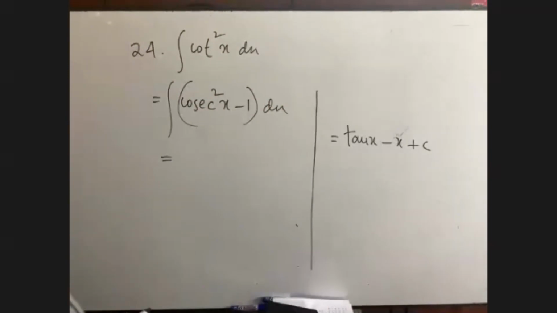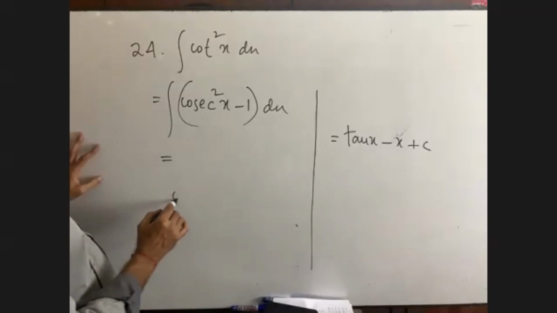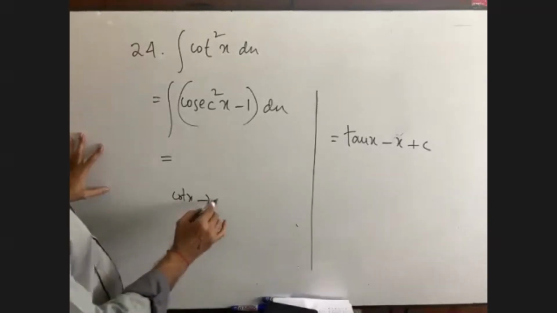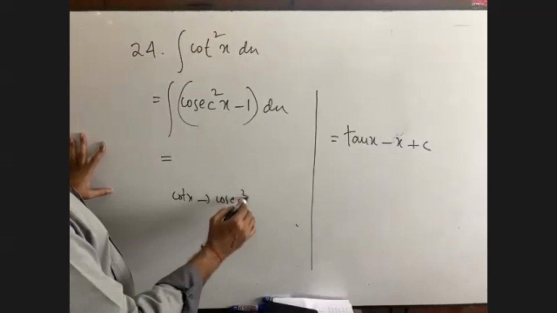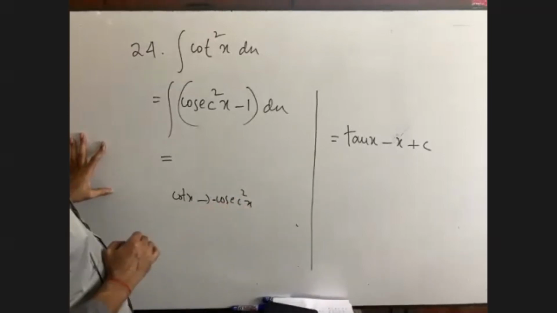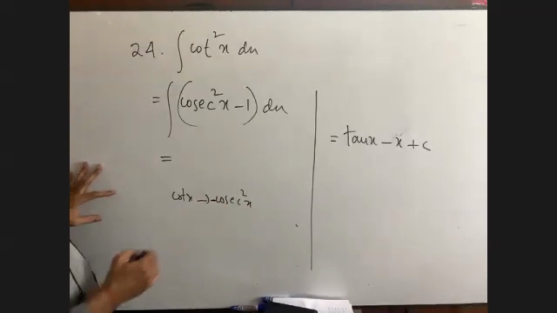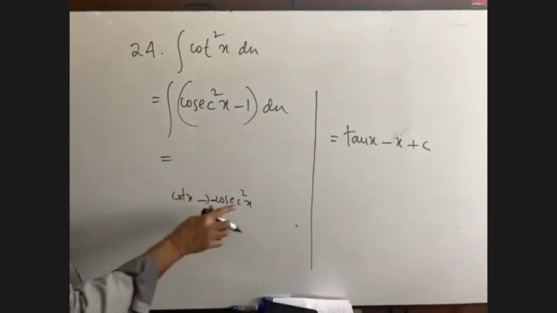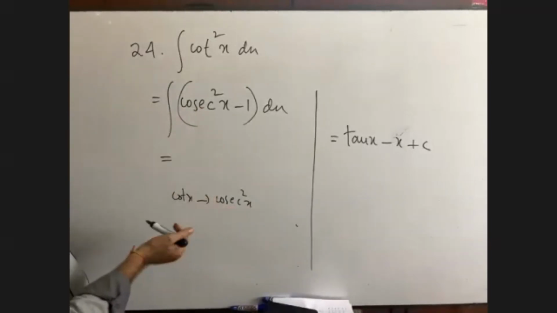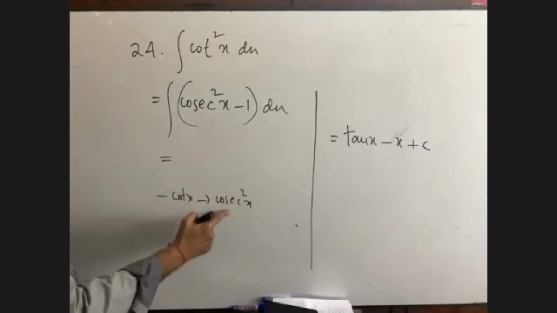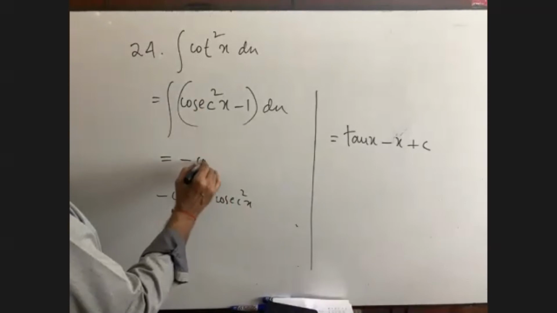Now, what is the formula of cosec square x? Let me know. Suppose we don't know. Very good. The differentiation of cot x is cosec square x, but there is negative. So suppose this negative sign, now it is here. That means cosec square x equals to minus cot x. Talk to me, please.